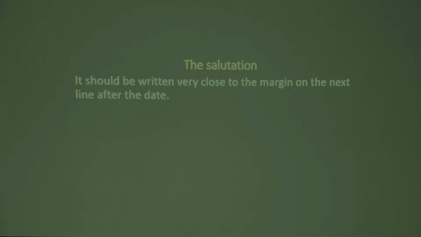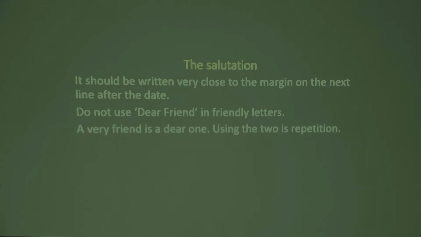Let's see how it is written. We say, do not use "dear friend" in friendly letters. That's also very important. Why? If "very friend is a dear one," every, sorry, it should be "every friend", so we should have E over there. Every friend or a friend. So the "very" can go off.